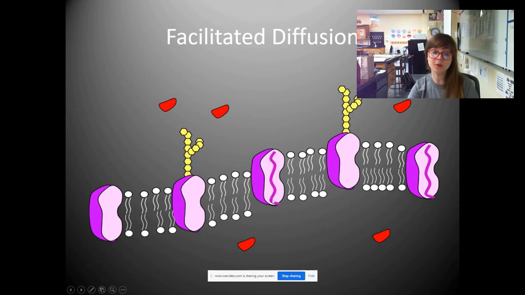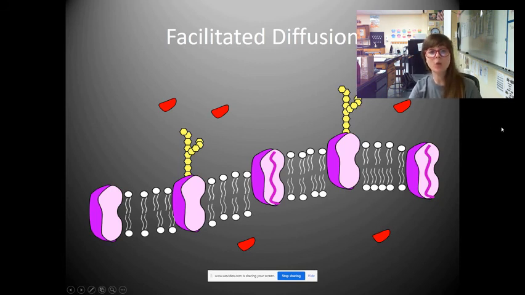So the channel proteins help these molecules to move across. That's what facilitate means, to help. So facilitated diffusion is, again, movement from high to low concentration using channel proteins. Okay? So those are the three types of passive transport: diffusion, osmosis, and facilitated diffusion.